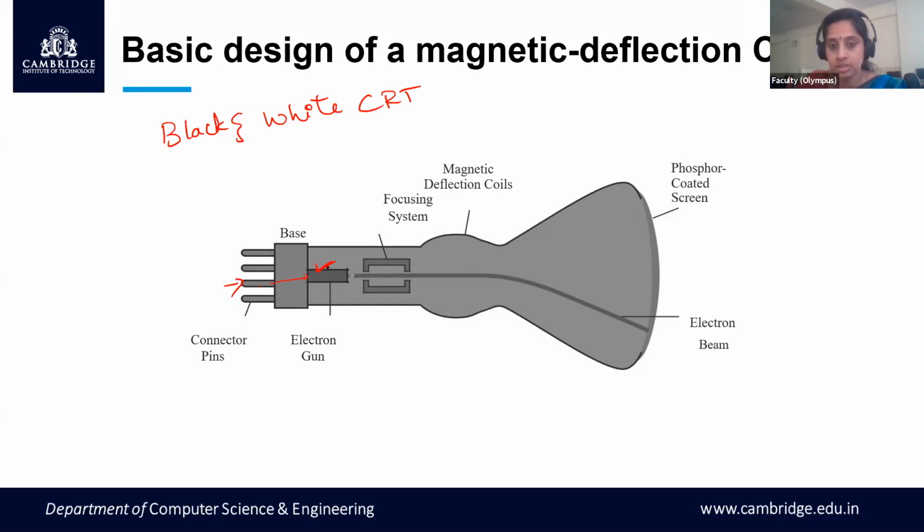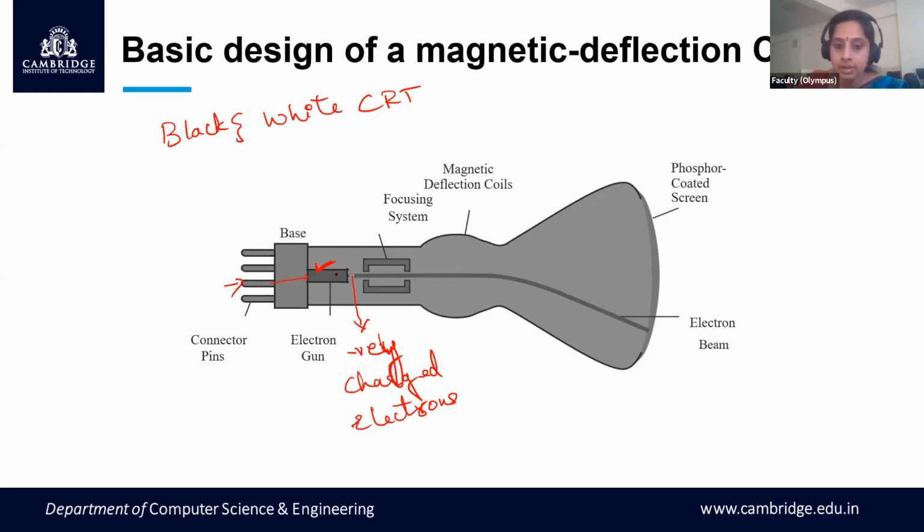When this electron gun gets charged, electrons will be generated. What kind of electrons? Negatively charged electrons are generated through this electron gun.